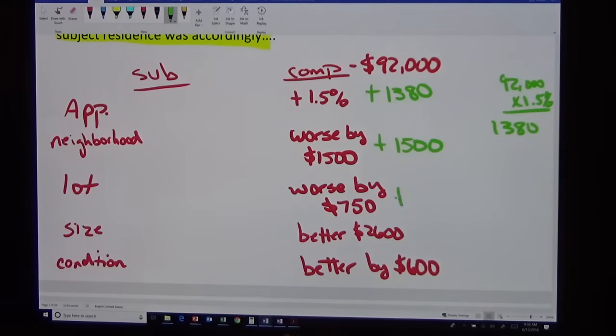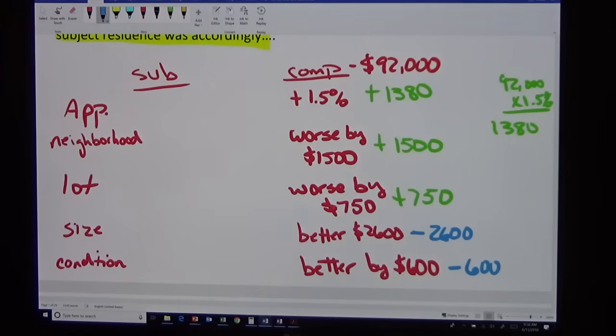So again, that's going to be a positive adjustment up $750. It says the size, the comparable is better by $2,600. So we need to bring the comparable down. So it's going to be minus $2,600. And then condition, it says the comparable is better by $600. So that's going to be minus $600.